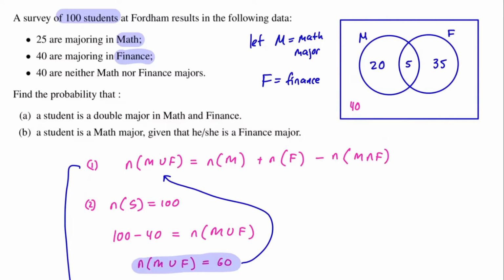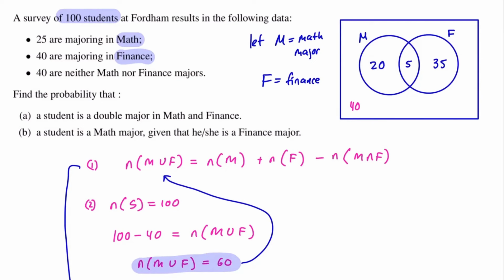Now let's see if we can answer the problem. We want to know, what is the probability that a student is a double major in math and finance? Double major means you're in the intersection right here. So these are the number of students that are double majoring. Since we're looking for probability, we take that number divided by the total elements in our sample space.